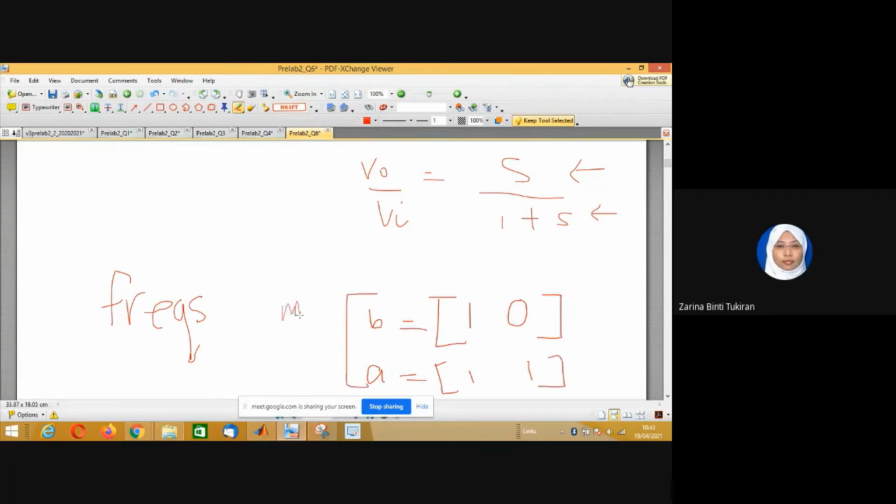Why does it provide you with the values B equals array 1, 0 and A equals 1, 1? Because here the S is represented by B, and 1 plus S is represented by A. How can we get 1, 0 for B and 1, 1 for A?